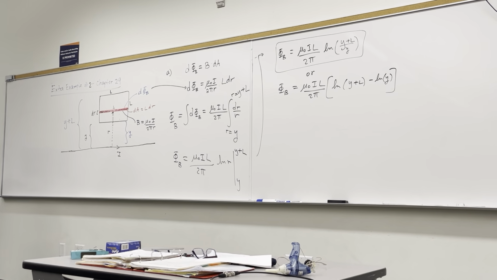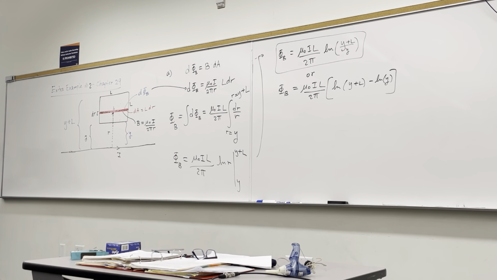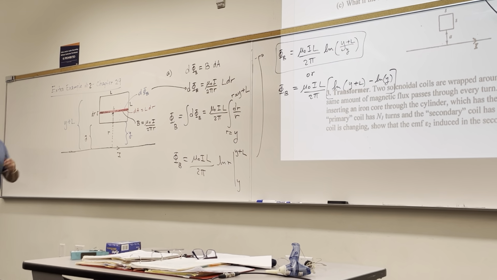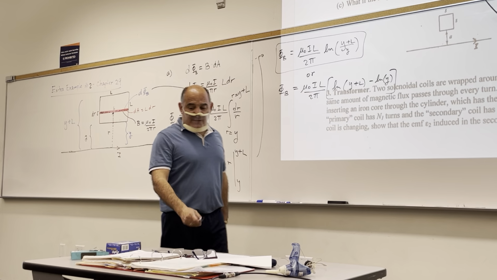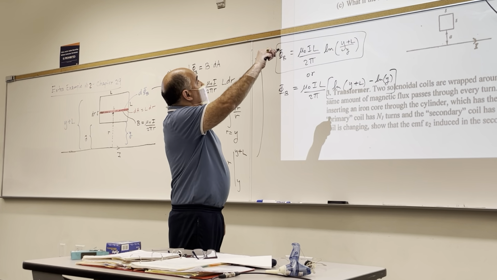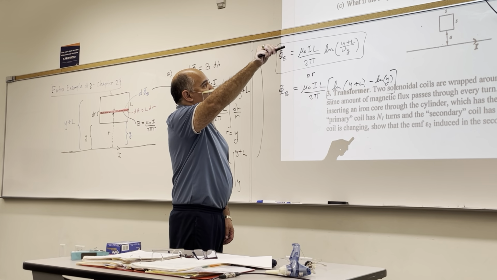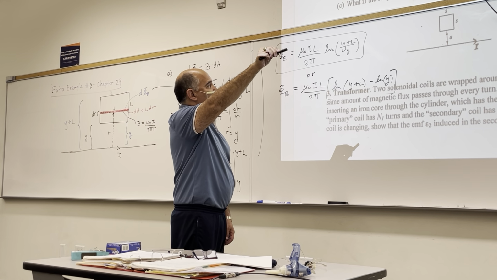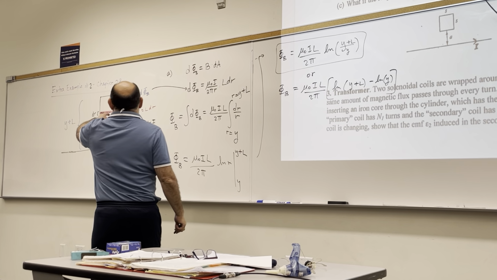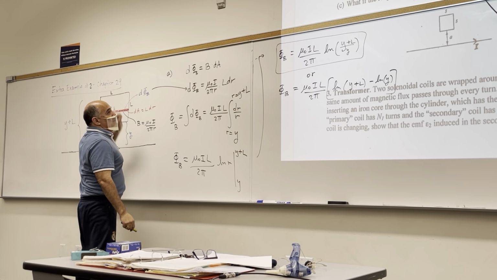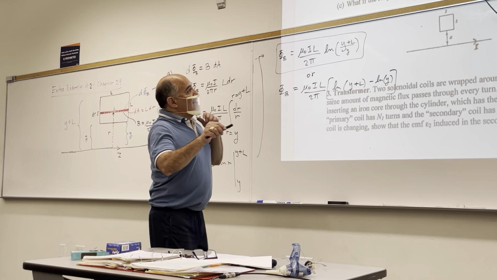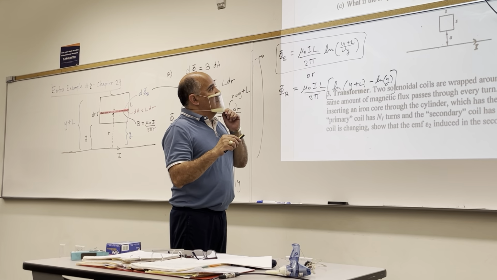So the next question asks, if someone now pulls the loop directly away from the wire at speed v, so now somebody's going to pull this up at speed v, what EMF is generated?